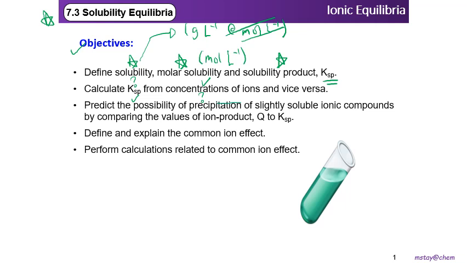Next, we are going to predict whether a precipitate will be formed or not by comparing Q with K. Then we are going to discuss the common ion effect and also do the calculation.